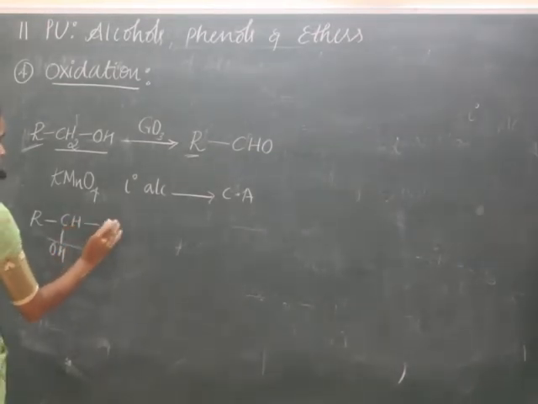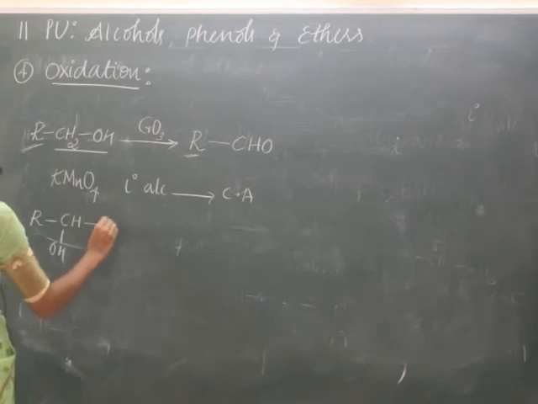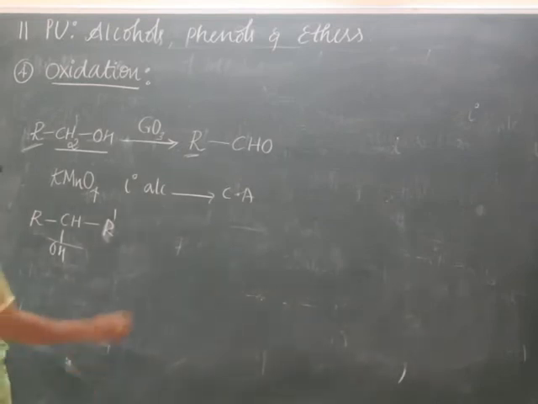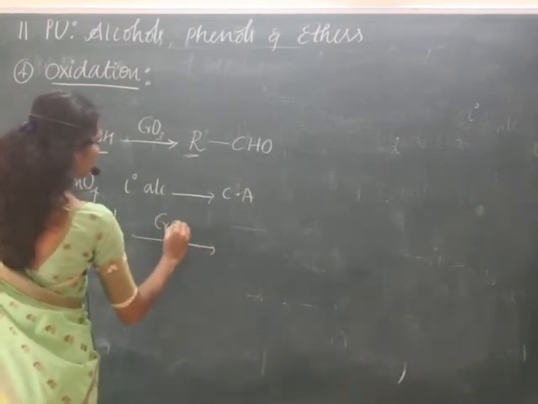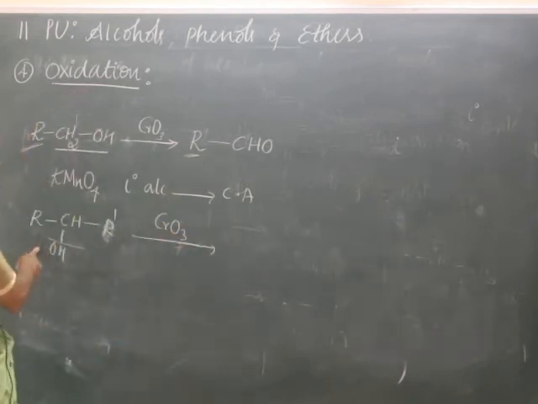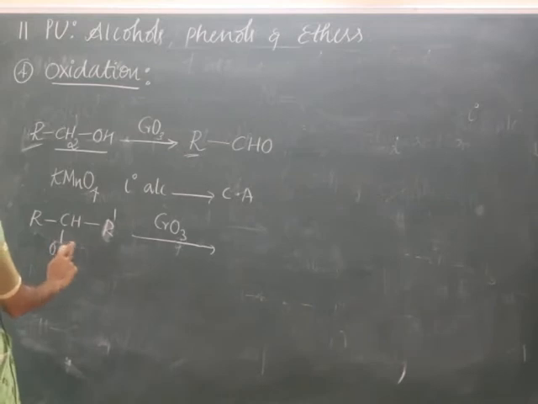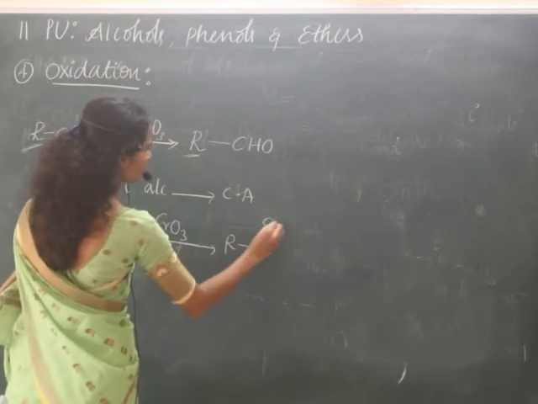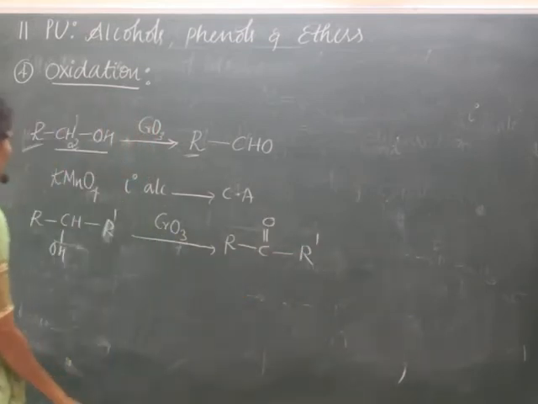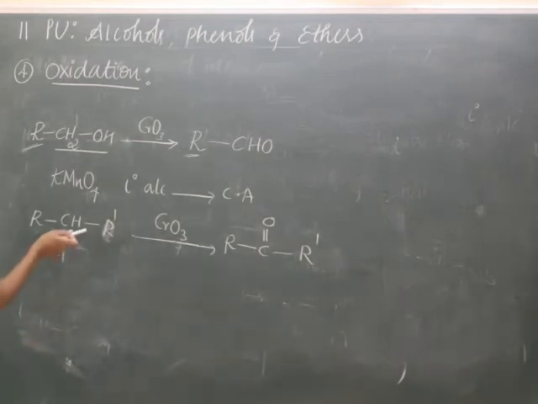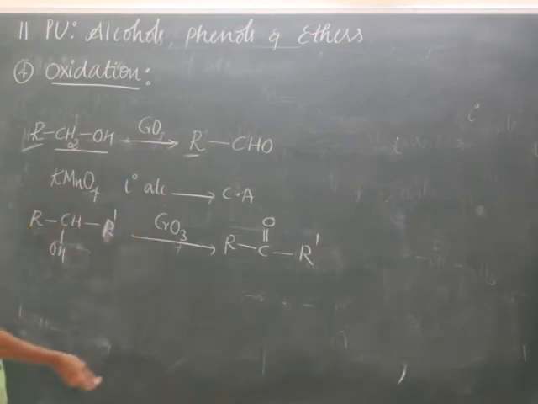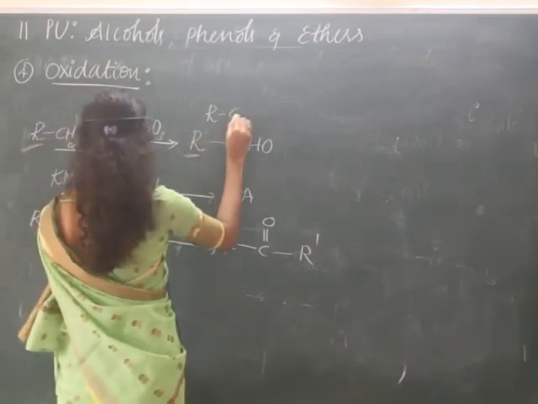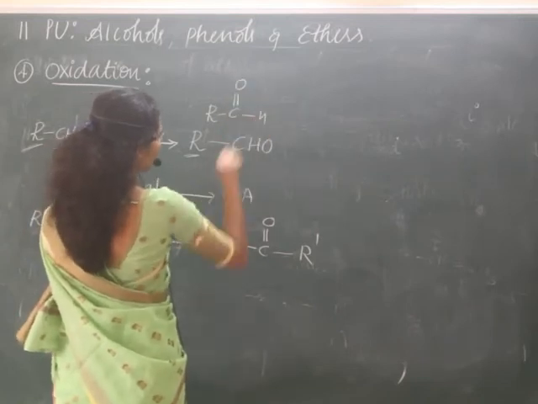RCHOH R dash, secondary alcohol, in presence of CrO3, we will get R C double bond O R dash, ketones. Just instead of CH, write C double bond O, carbonyl compound. Here also instead of CH2, write RCHO, that is RCH2 is there, C double bond O H, aldehyde.